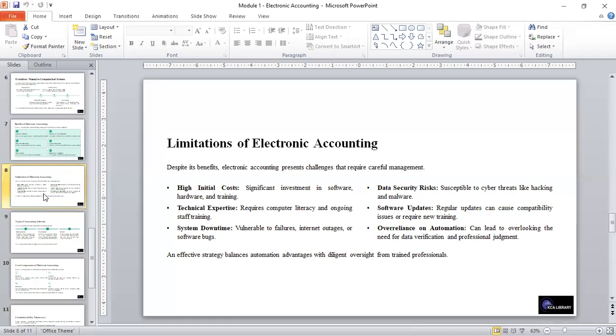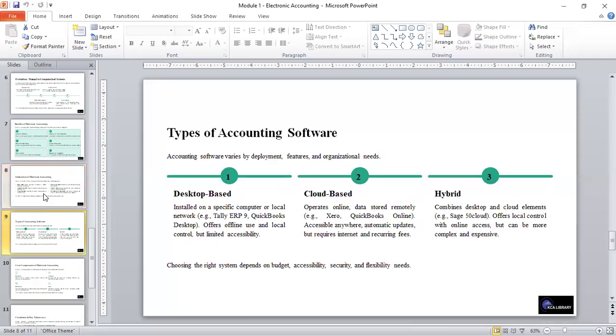And lastly, over-reliance on automation can lead to overlooking the need for data verification and professional judgment. An effective strategy balances automation advantage with diligent oversight from trained professionals.